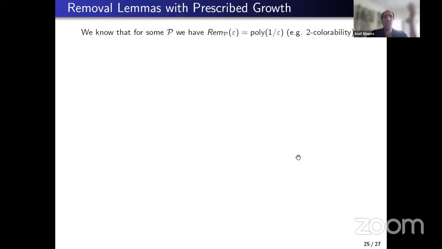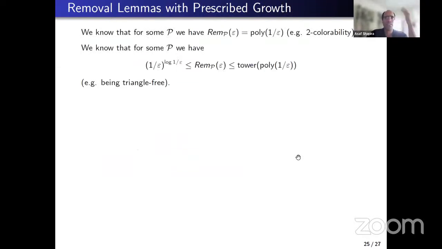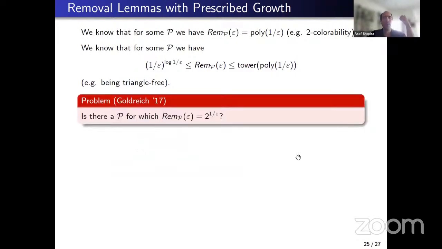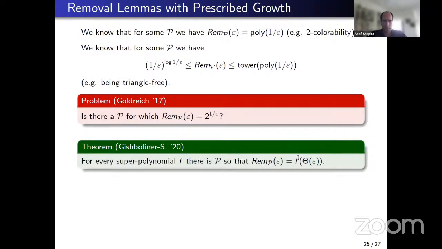Okay. So we've seen that there are some properties for which the removal lemma has polynomial bounds, and there are some cases where the bounds are not polynomial, but there is a huge gap between the lower bound and the upper bound, for example, being triangle-free. So Goldreich asked, is there a property for which the removal lemma is exponential in 1 over epsilon? And together with Gishboliner, we proved that this is indeed the case.